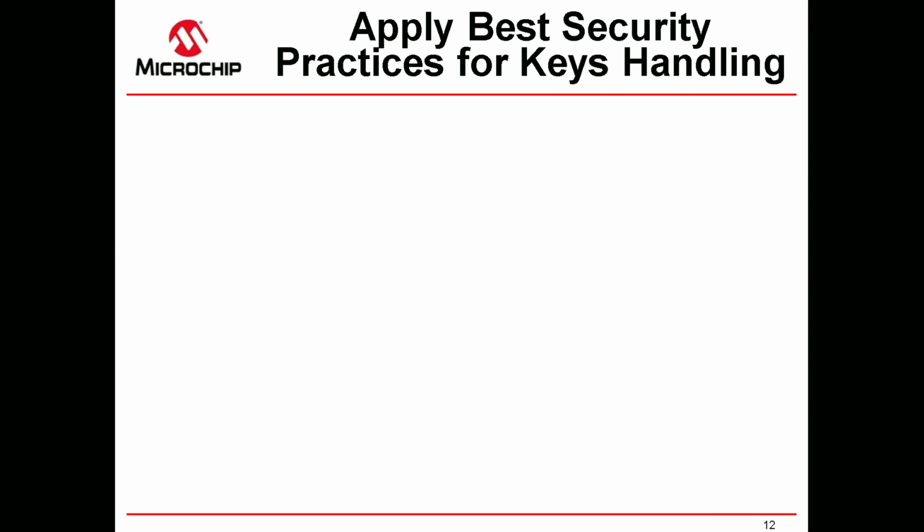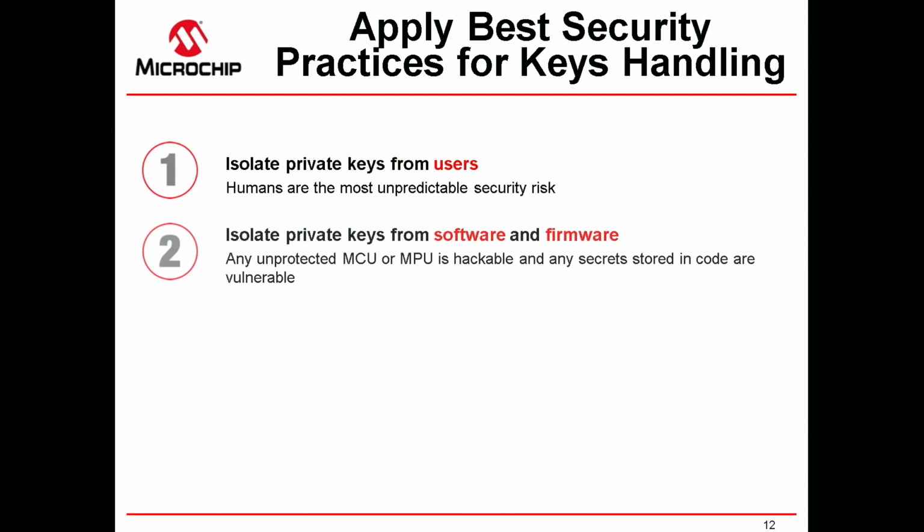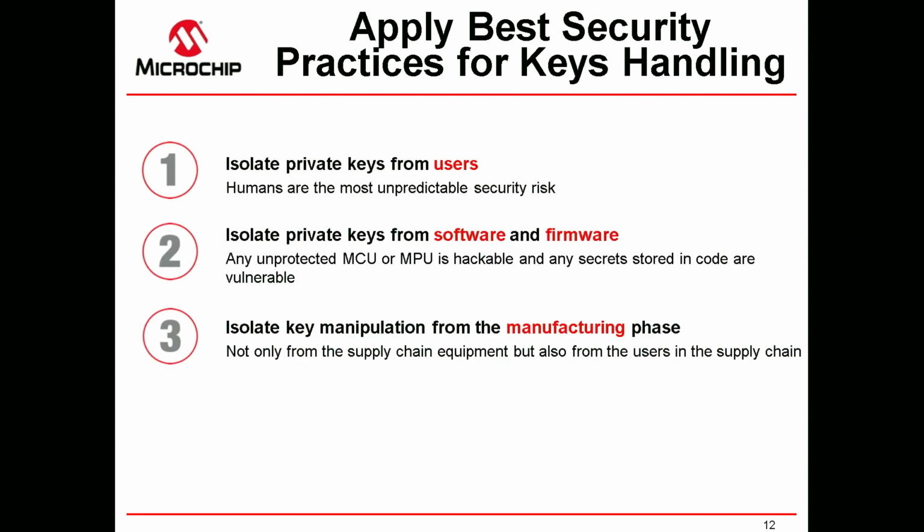What have we done at the edge node here in terms of best security practices for key handling? There are three big concepts that we believe in. One is to isolate keys from as many things as you can. Those things are users, or, well, myself, my mom, my daughter. The kids that go to college: if you remember the DDoS attack in 2016, I think it was in October, if I'm not mistaken, they found out it was a 19-year-old student that wanted to prove himself to the community.